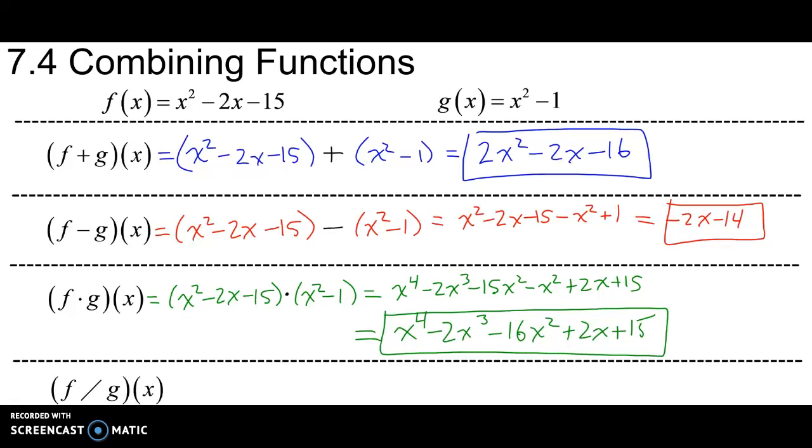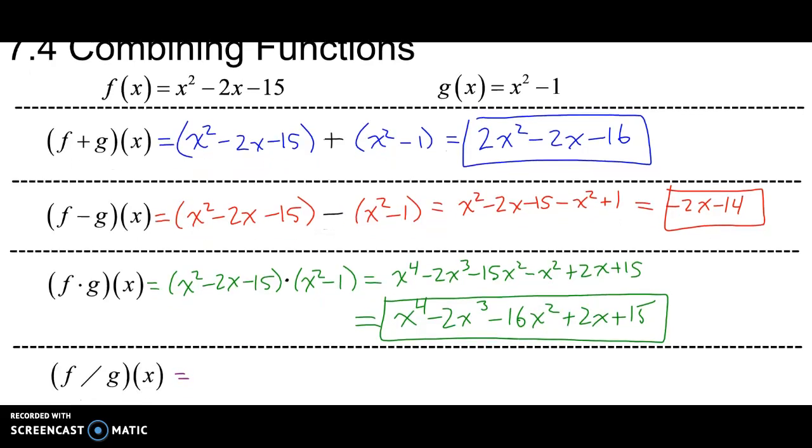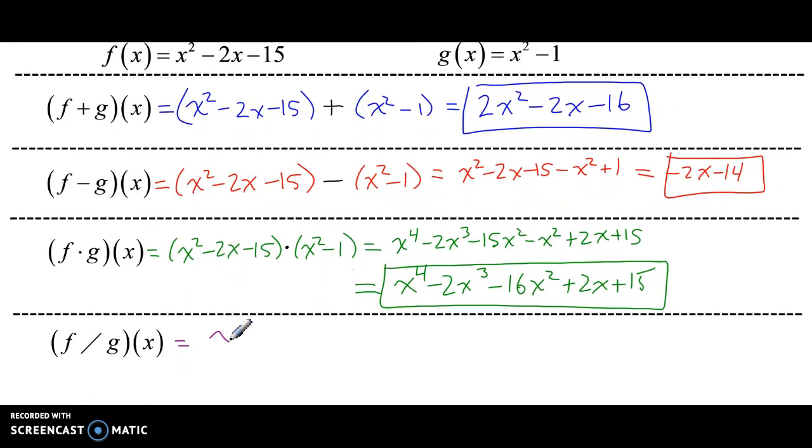The trickiest one, of course, is, as you probably guessed, division. With division, you take one function and you divide by the other one. So we're going to take x squared minus 2x minus 15, and we're going to have to divide by x squared minus 1.